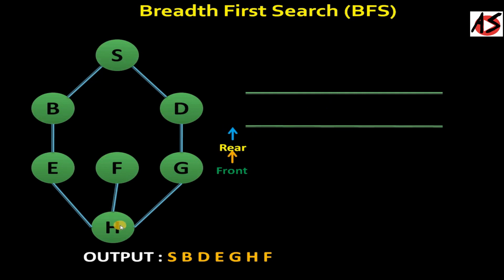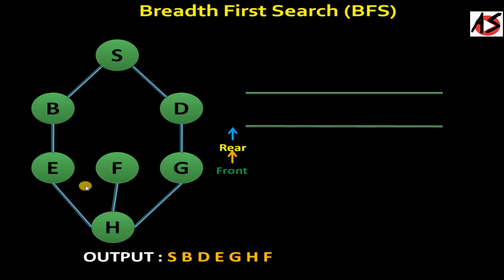You get the output sequence: S, which is on level 0. Then you have visited B and D, which are in the first level. Then you have visited E and G, which are in the second level. F is not in the second level because it is 1, 2, 3 and 4 levels away from the S node, so we will not take it into the second level.